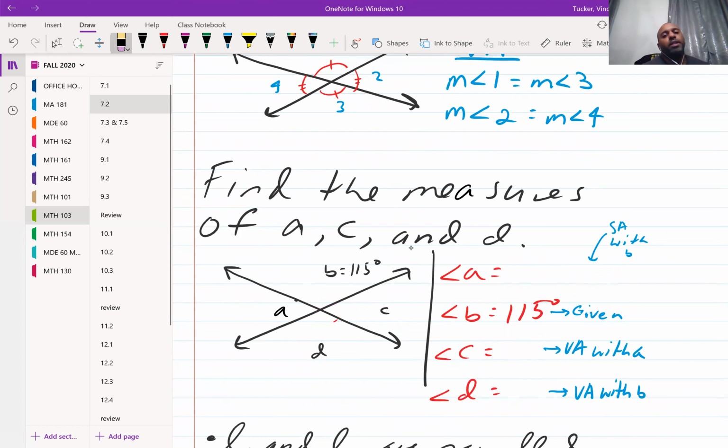So it says find the measures of A, C, and D, and they give us B is equal to 115.